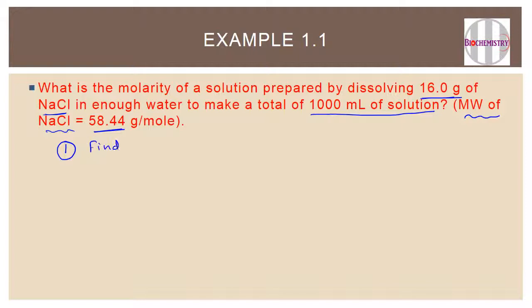In the first step the 16 gram is given, but gram is not useful for us. We need to convert it into moles because molarity is moles per liter. And our second step will be, once we have found the moles, we will apply the molarity equation.